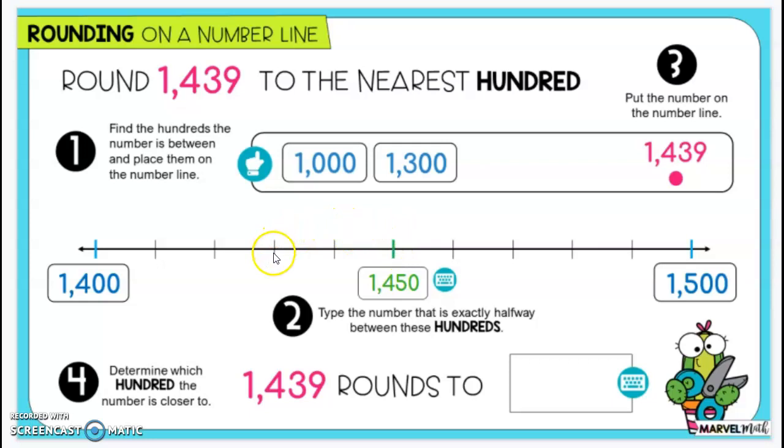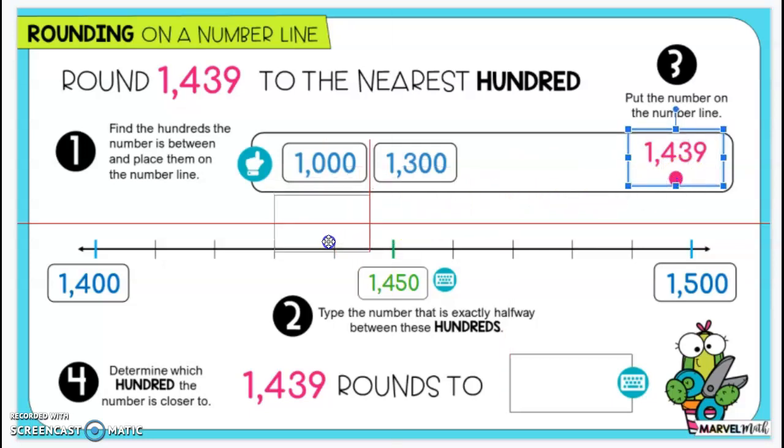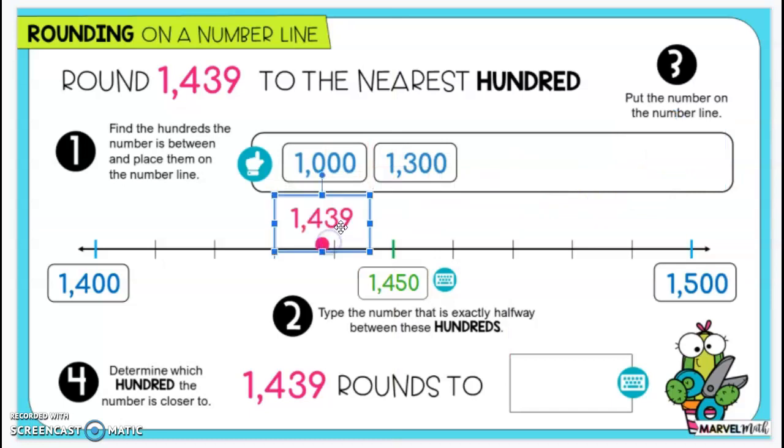If this is 1,430 and this is 1,440, which one would 1,439 be closer to? It would be closer to 1,440, but not directly on because it's not 1,440 quite yet.